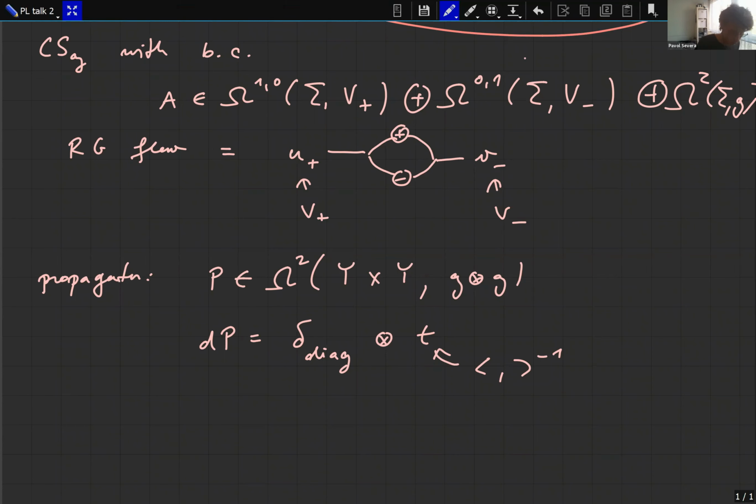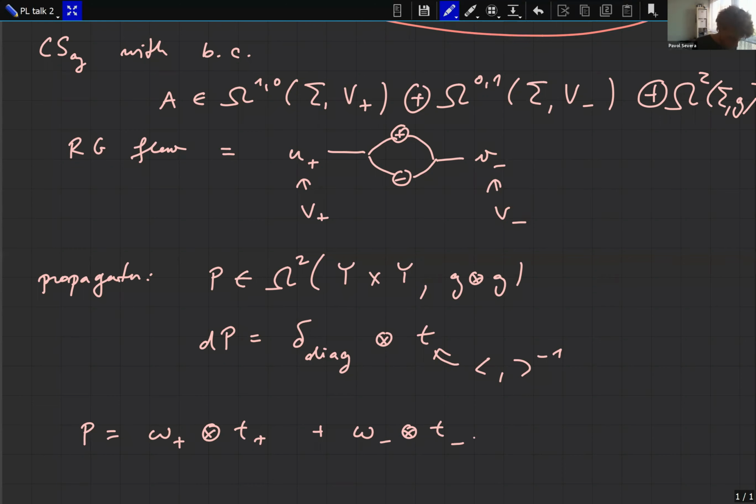So here our propagator will actually be of the form omega plus tensor T plus, plus omega minus tensor T minus.